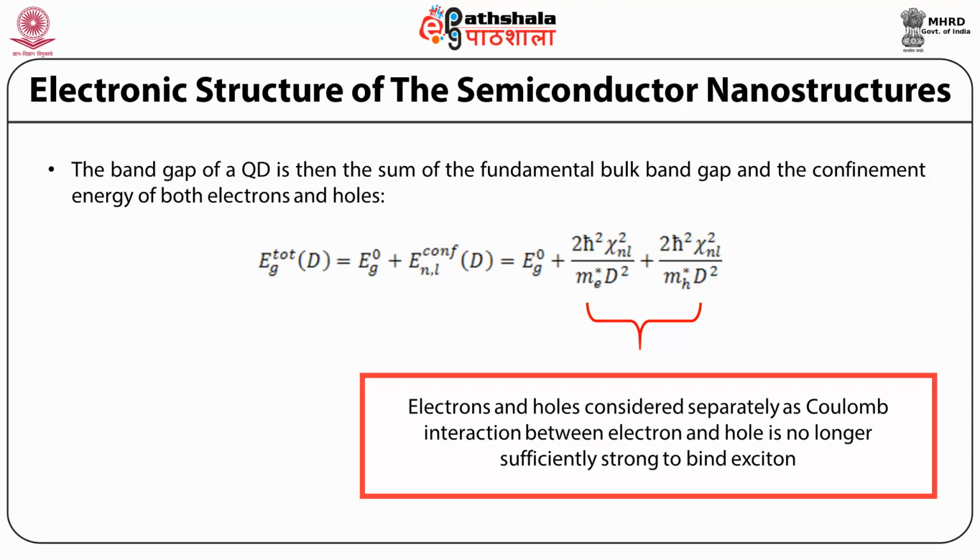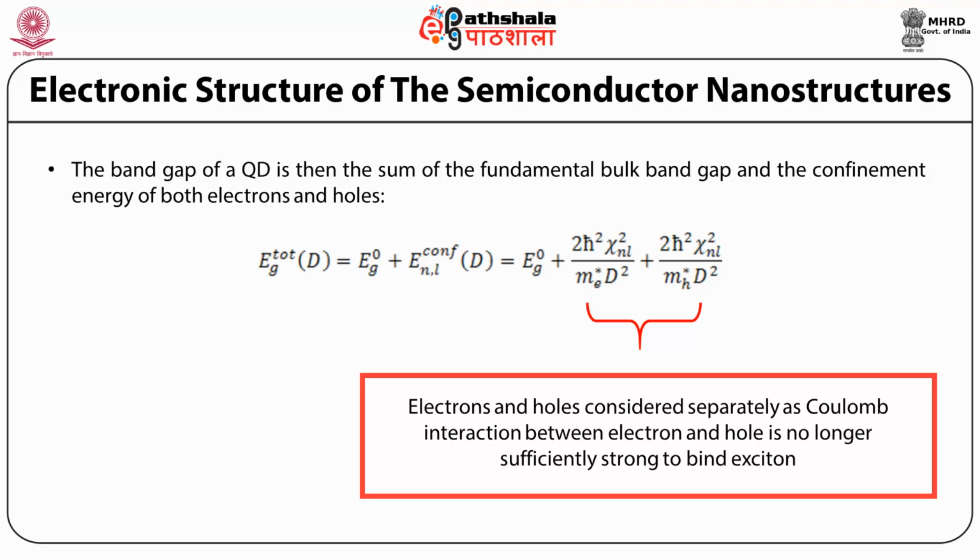So this approximation works only for strong confinement systems, which is valid for nanocrystals. In this region, confinement potential exceeds the Coulomb interaction. It may be noted that Coulomb interaction is much larger in a quantum dot than in the bulk crystal.